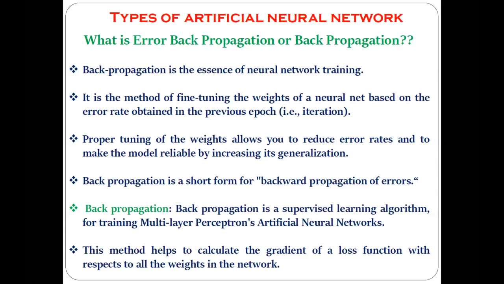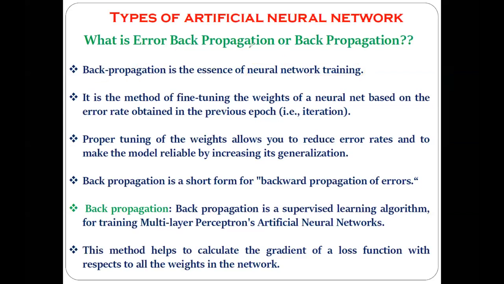Understood? Now this is the last point in the case of the artificial neural network, that is nothing but backpropagation, which is also popularly referred to as error backpropagation. Now the main technique to give training to the neural network is the technique called backpropagation.